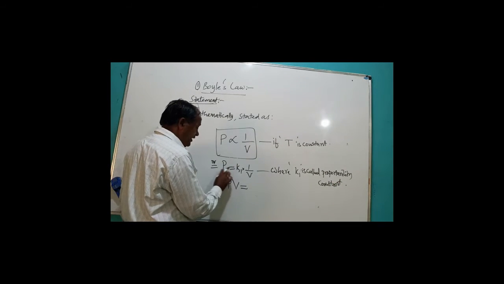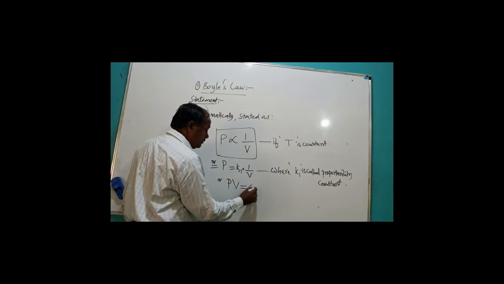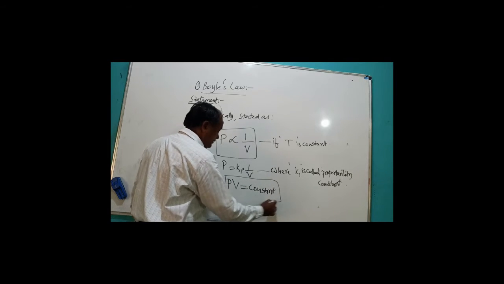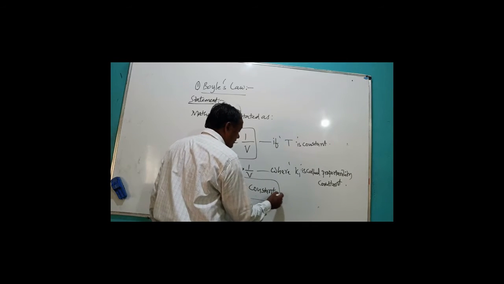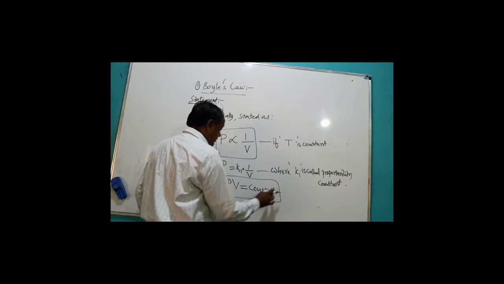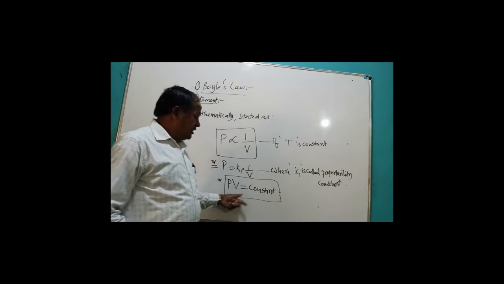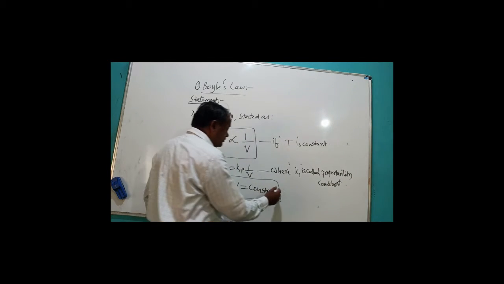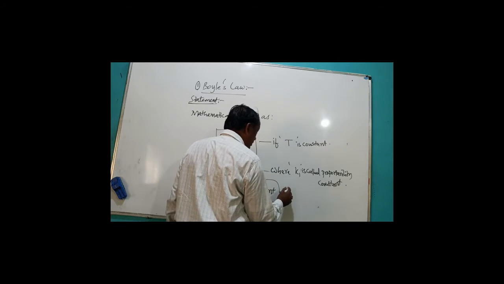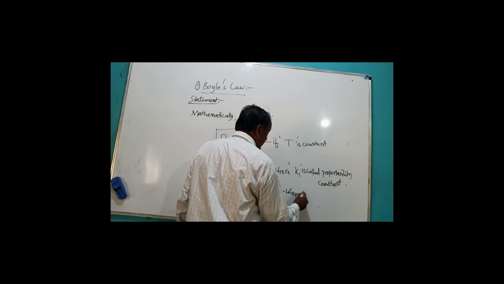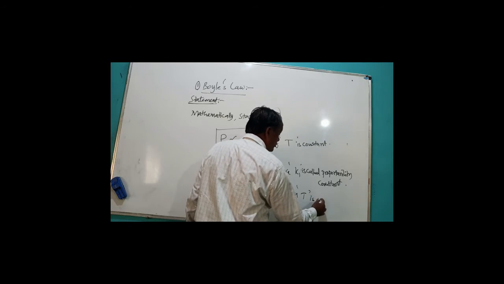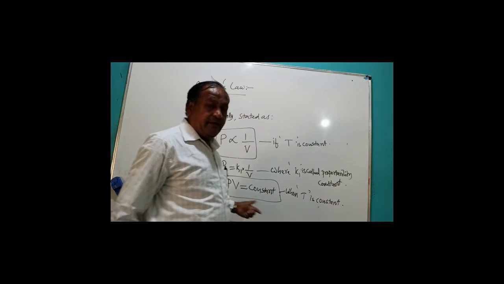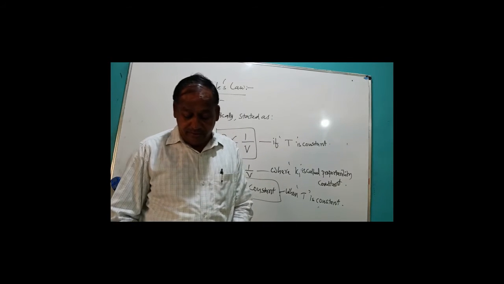So therefore PV is equal to a constant. This is the mathematical statement of Boyle's Law: PV is equal to constant when T is constant.